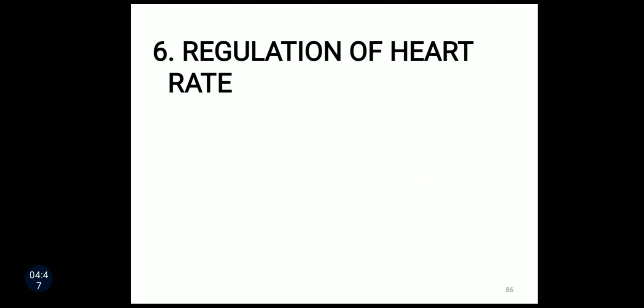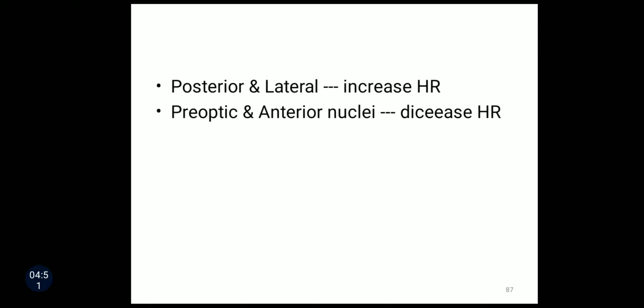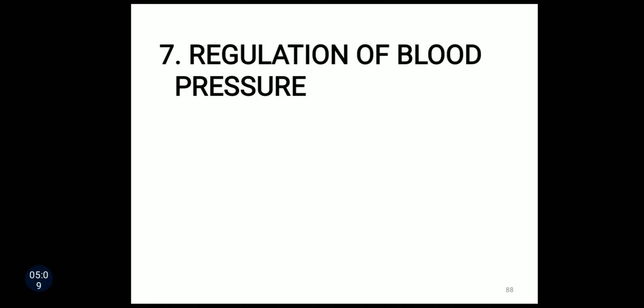Then the sixth function is regulation of heart rate. Here heart rate can increase or decrease. Stimulation of posterior and lateral group of nuclei increases the heart rate, and the stimulation of preoptic and anterior nuclei decreases the heart rate.